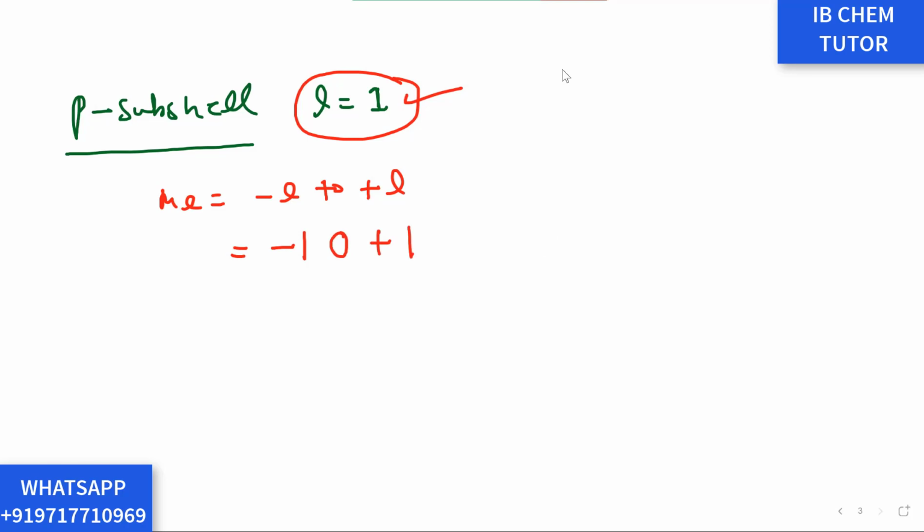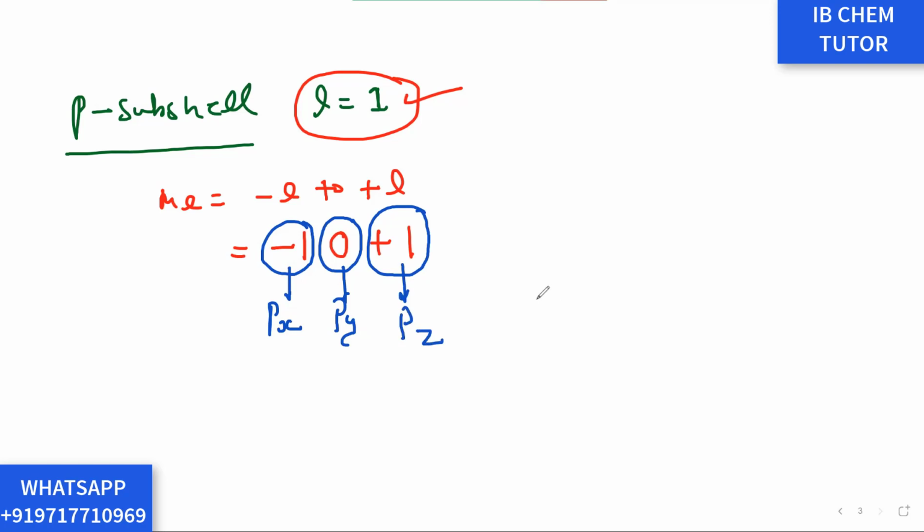Now you see here, this is one orbital, this is the second orbital, and this is the third orbital. Let me name these orbitals also. This is Px, this is Py, and this is Pz. So the thing we came to know from here is that the P subshell has how many orbitals?